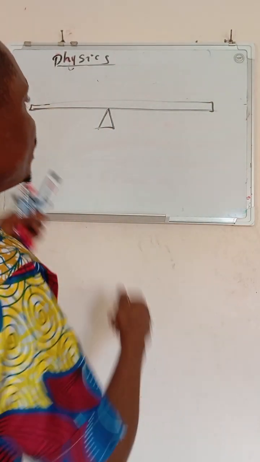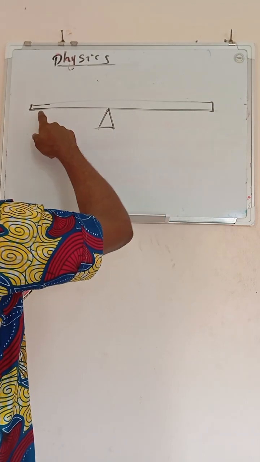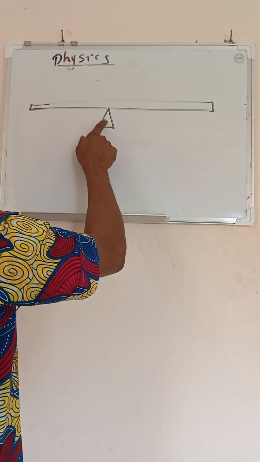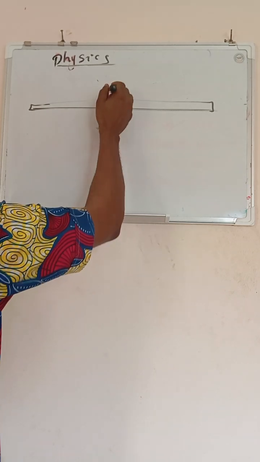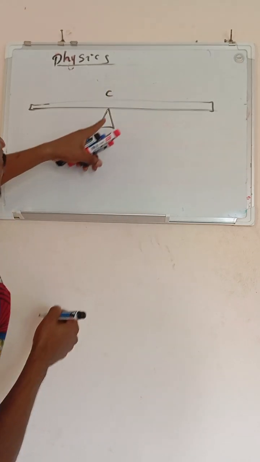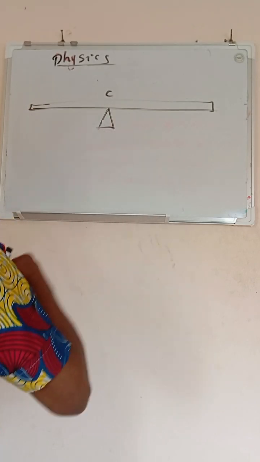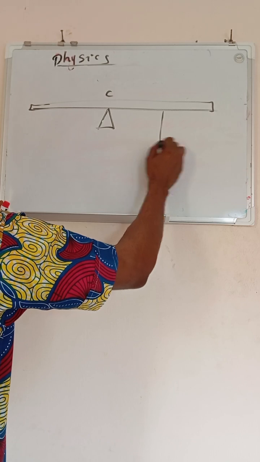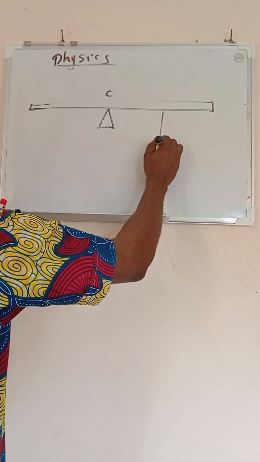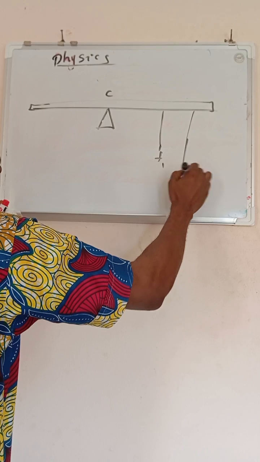This could be a meter rule or a seesaw resting on a knife edge. This is called the pivot. This is where the knife edge or rod is balanced. So if we have several forces, here are several forces: F1, F2.